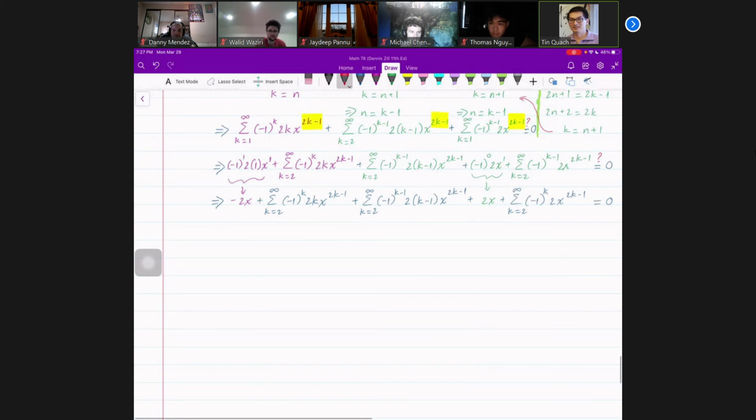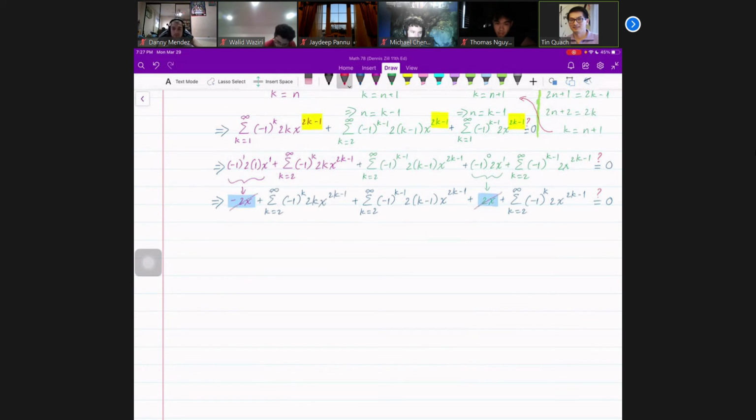Okay. Now you see this term and this term. Let me use this color so they can still show the color. Okay, like that. So you see right here, they cancel out.